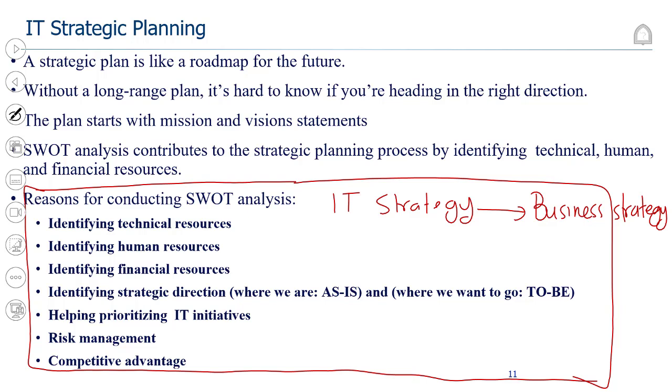At that point, we have to do an assessment of where we are. So the first thing we have to do as part of the IT strategy is find out the as-is. Where are we now? In order to do this, there are many tools that we can use.